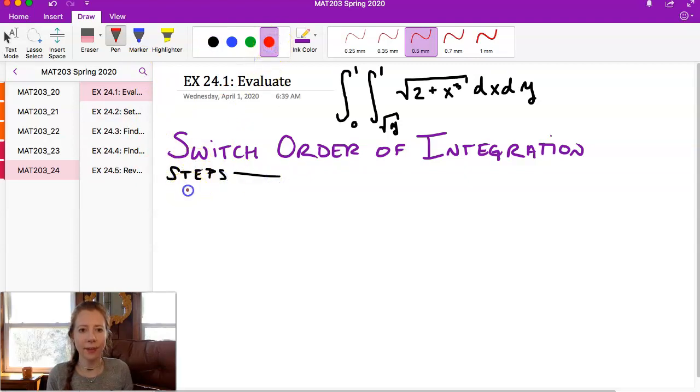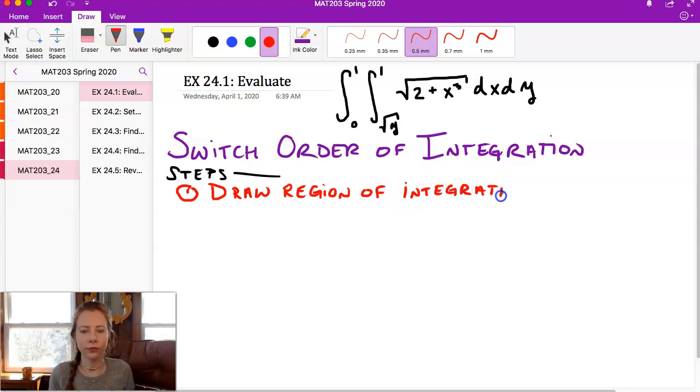So your first step is that you draw the region of integration. So in this case, we're going to have 0 is less than or equal to y is less than or equal to 1.